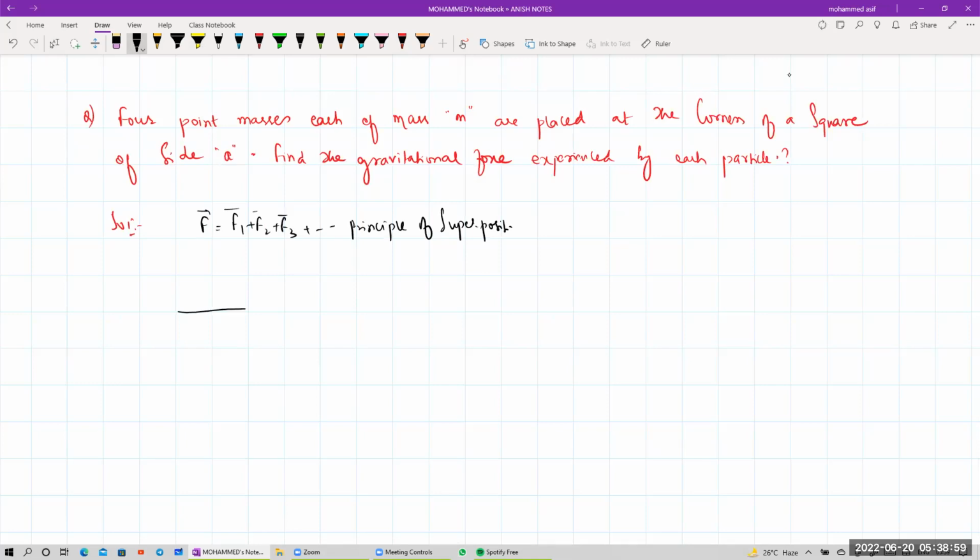If two vectors are inclined at an angle like this, if this is one force F1 and this is another force F2, and the angle between them is theta, the resultant of this is Fr, making an angle alpha.